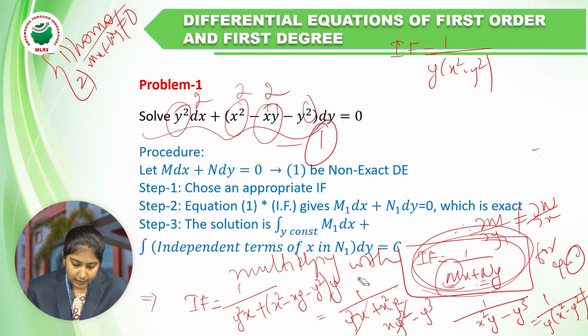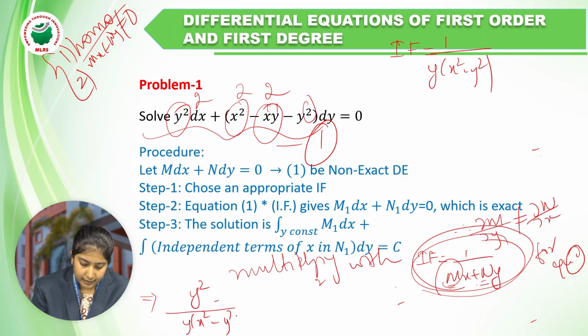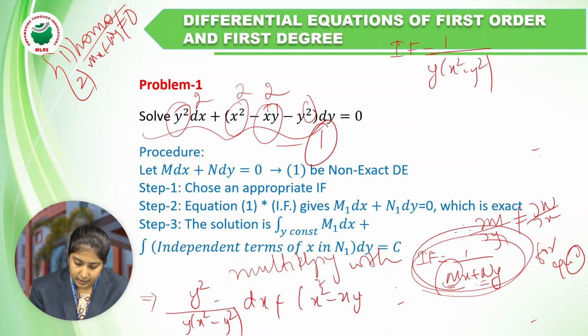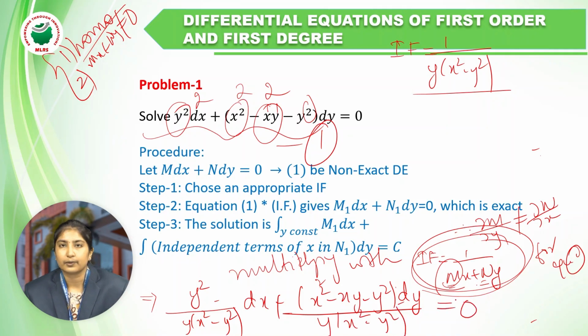So now let us multiply. So the first term m is y square by y into x square minus y square into dx, plus x square minus xy minus y square into dy by y into x square minus y square is equal to 0. So this is the new equation you are getting.